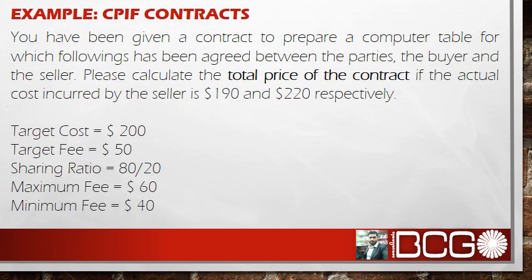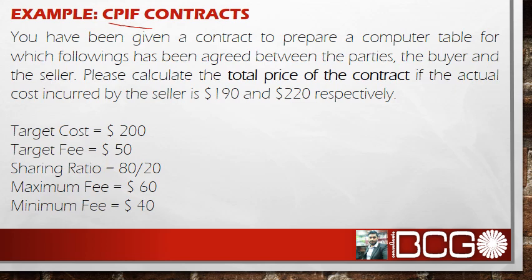Let's try to solve an example which may appear in the examination as well regarding the CPIF contracts before moving further. So the situation given to you is you have been given a contract to prepare a computer table for which the following has been agreed between the parties, the buyer and the seller.